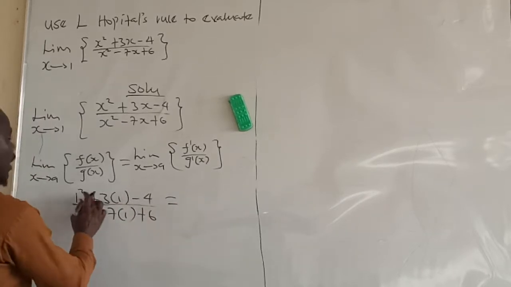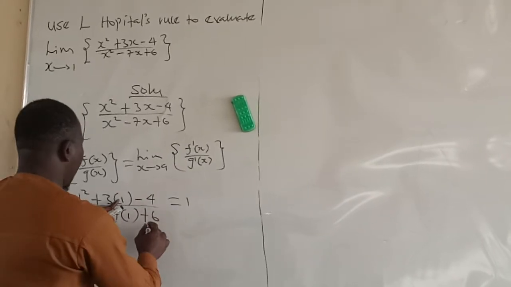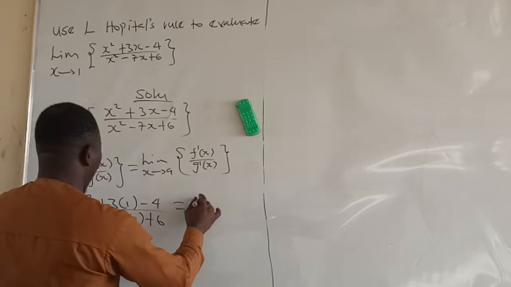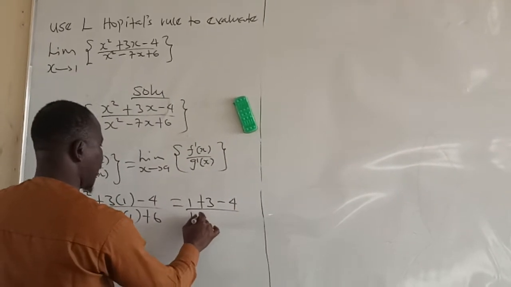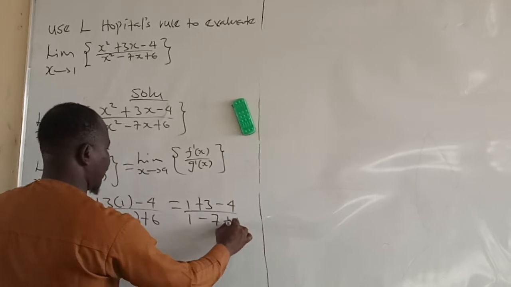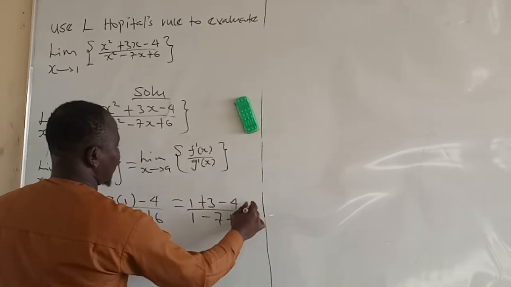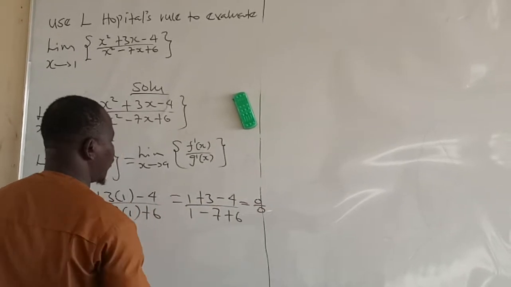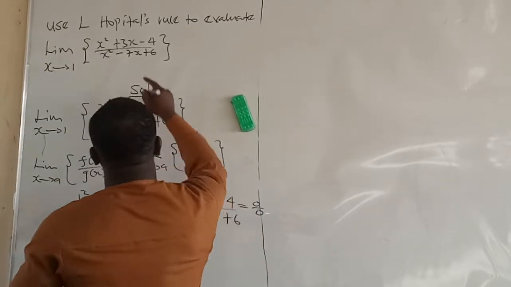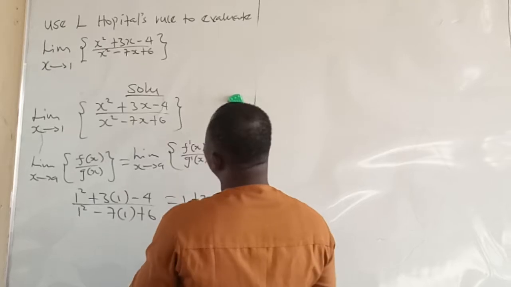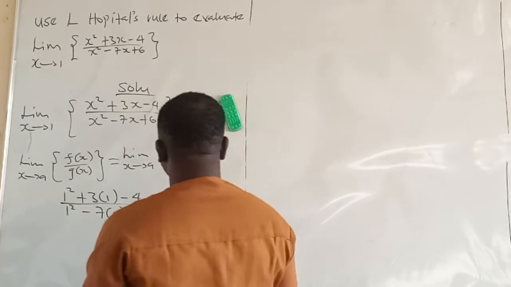This gives us 1 plus 3 minus 4 all over 1 minus 7 plus 6. You discover that at the end of the day you are going to have 0 all over 0. Is that clear? For that reason, we are going to apply L'Hopital's rule to evaluate this limit.